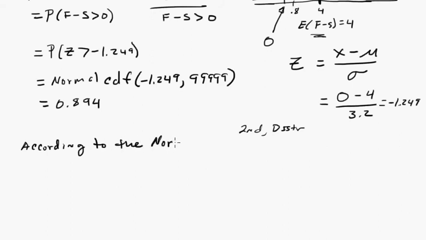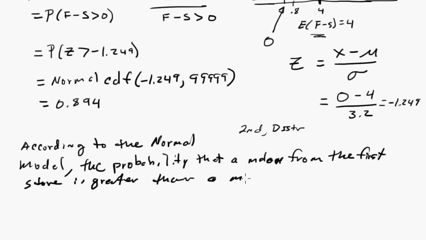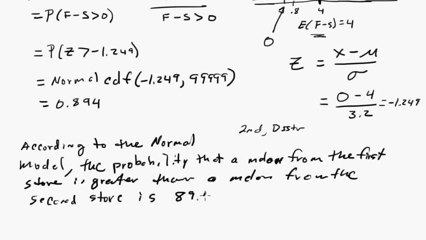Okay, so to properly answer the question, we would say something like, according to the normal model, the probability that a melon from the first store is greater than a melon from the second store is 89.4%.